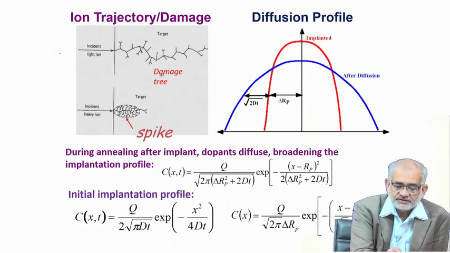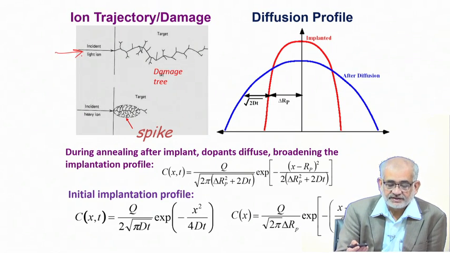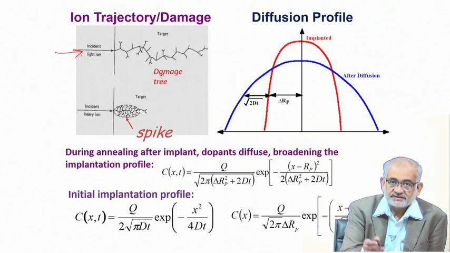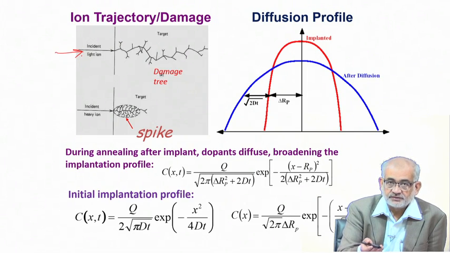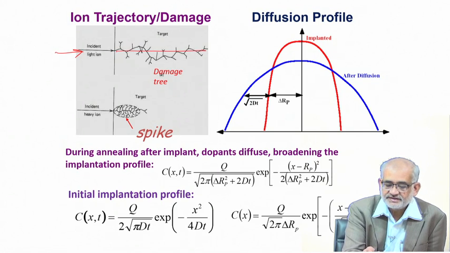So typically when you are dealing with light ions, not very high atomic number, say nitrogen or oxygen and so on, they'll have the capacity to penetrate deeper.